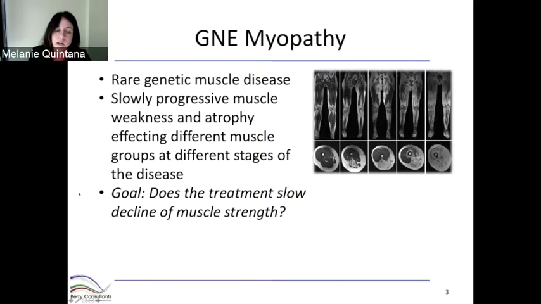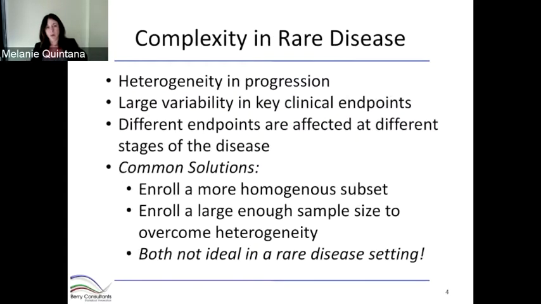So the goal here in GNE myopathy, as well as dominantly inherited Alzheimer's, is to develop a clinical trial to understand if a treatment slows the decline of muscle strength, modifies disease progression in terms of muscle strength. In both of these cases, we can quickly see what the complexities are in designing trials for rare progressive diseases.